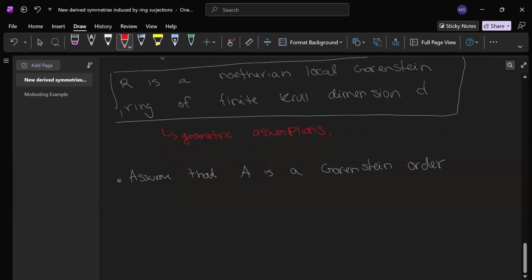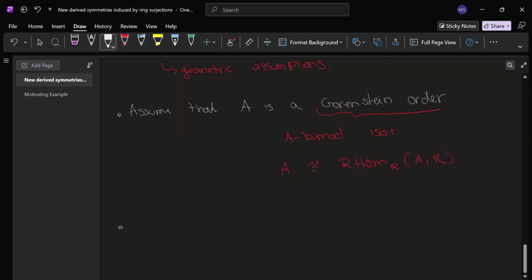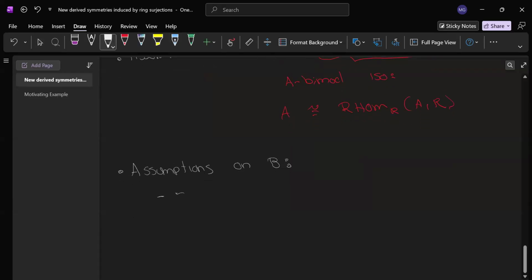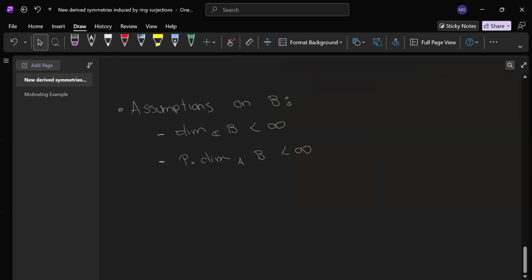And what do I mean by Gorenstein order? Well, I mean that I want there to be an A bimodule isomorphism between A and its derived dual over R. And then we're also going to place some assumptions on B. So first of all, we want B to be finite dimensional over C. Second of all, we're going to ask for B to have finite projective dimension over A. So if we regard B as an A module, it has finite projective dimension.